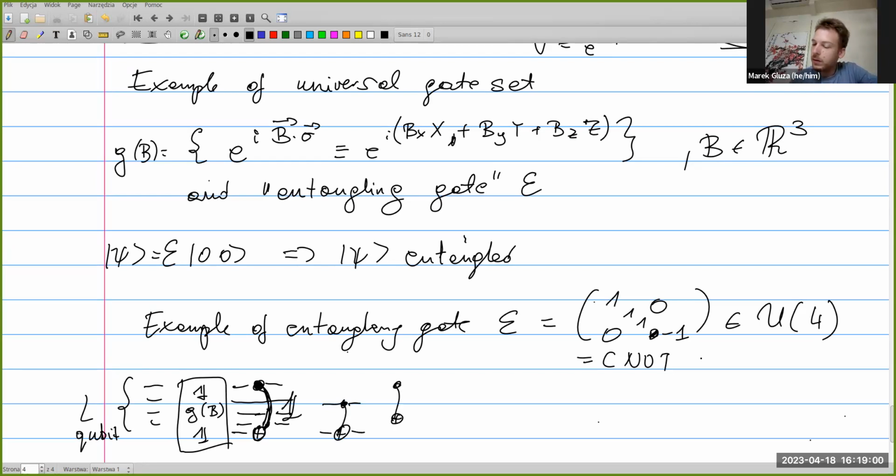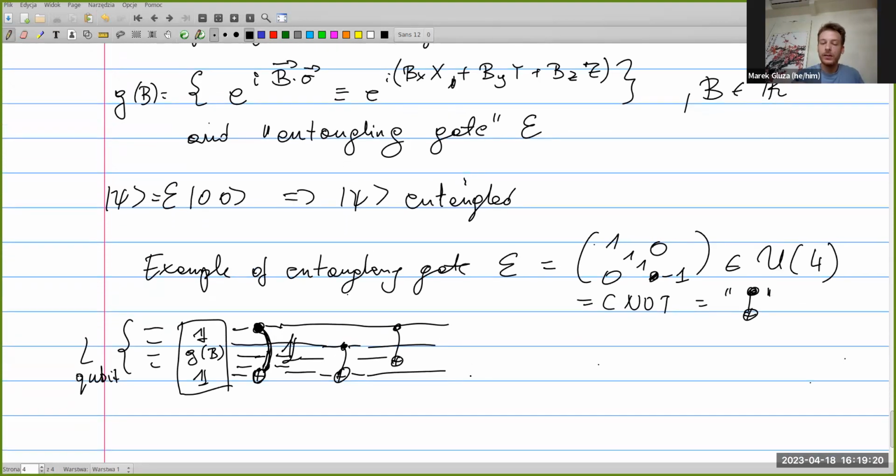We denote it like this in circuits. I'm not explaining the notation today, just telling you how it looks. So you see that those are operations that involve two qubits at a time, or one qubit at a time. Maybe I would apply G b prime here and G double prime here, and so on, and then maybe a new CNOT, and so on.